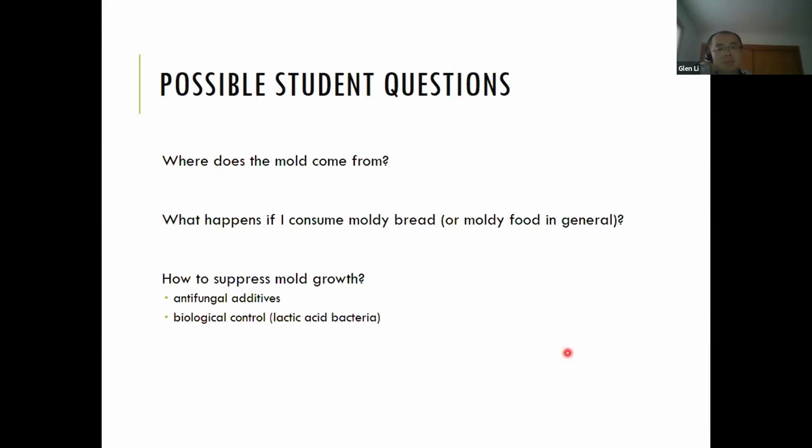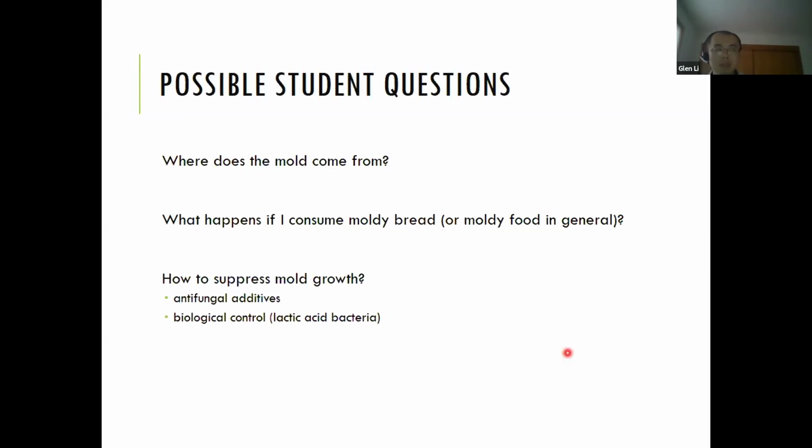Once these mold spores land on a surface, they can start to germinate and grow into a mold colony. Usually they grow strand-shaped mycelium that extends across the substrate and assimilates nutrients, and then they make more spores. That's how mold grows.